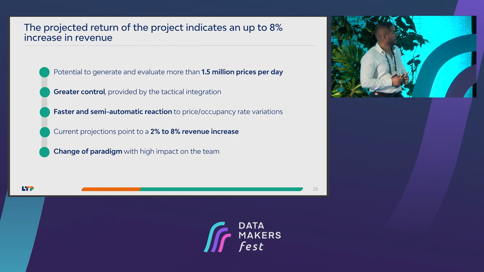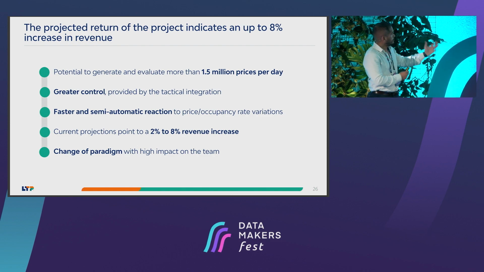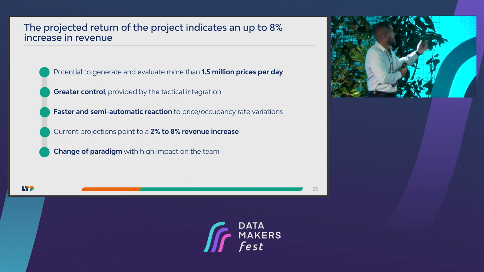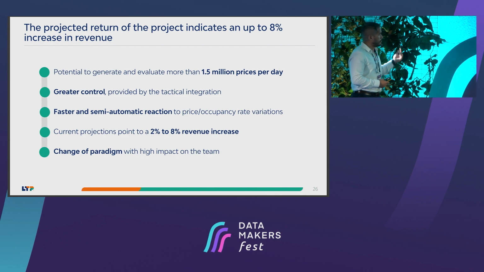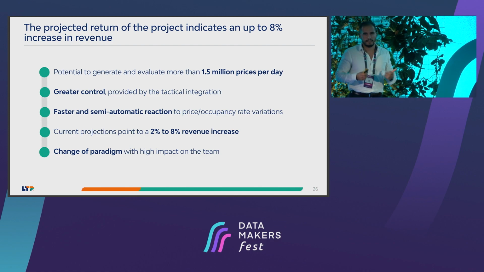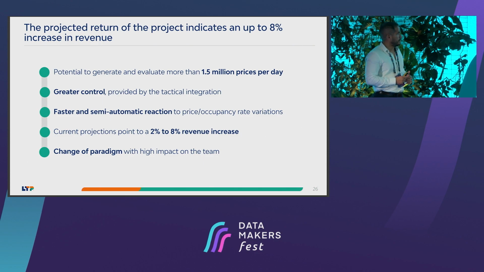So, the key results. We potentially generate more than 1.5 million prices per day. One thing that I want to highlight here is that we have more control between the tactical level and the operational level. We have a faster and semi-automatic reaction to the prices and to the current on-rent occupancy at each time.